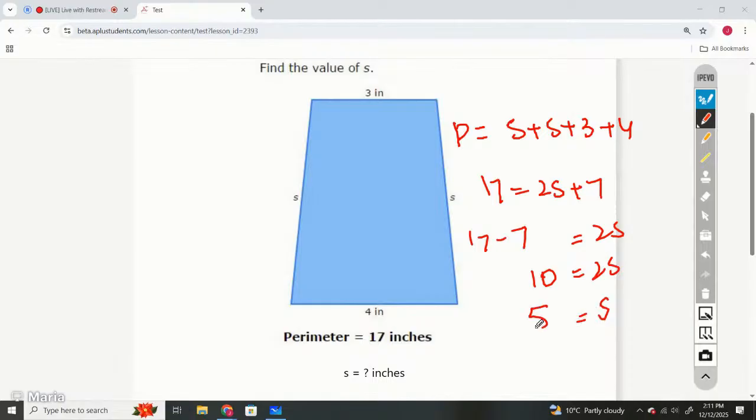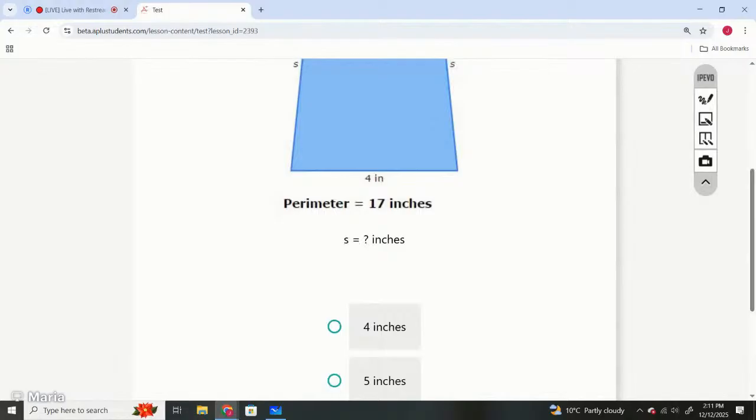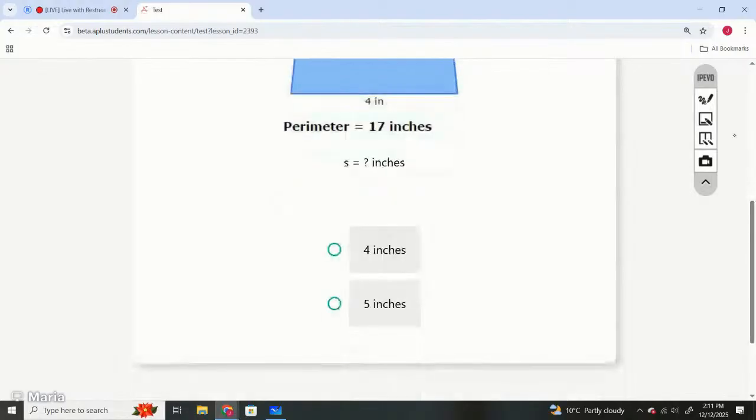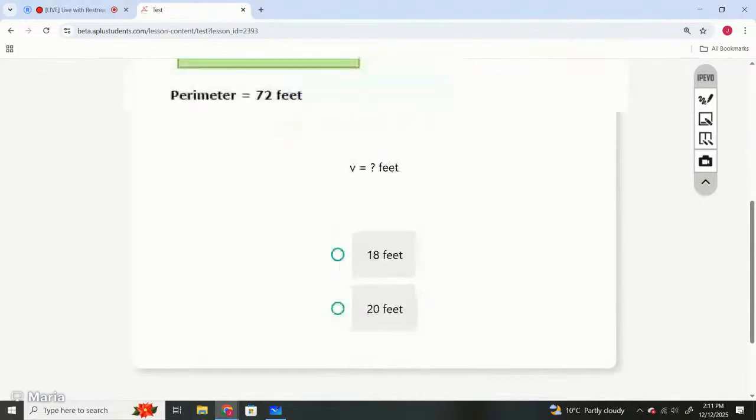So S is equal to 5 inches. The correct option is 5. Option number 2 is the correct option.